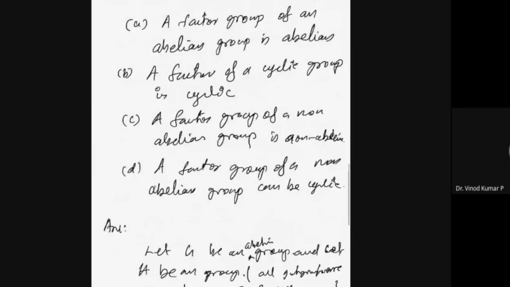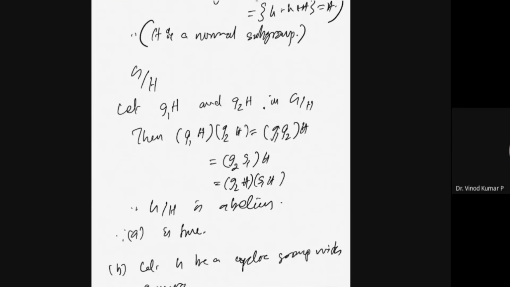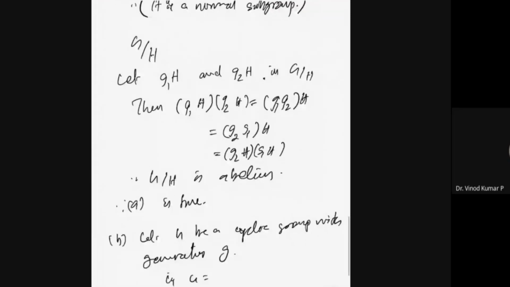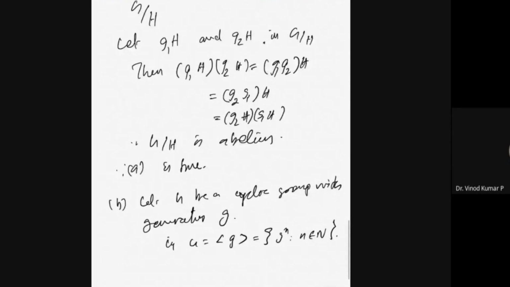Now you look at statement B. A factor group of a cyclic group is cyclic, right? So you start with a cyclic group. Let G be a cyclic group with generator g, that is G is generated by g, and this is equal to g^n, n belonging to the integers.